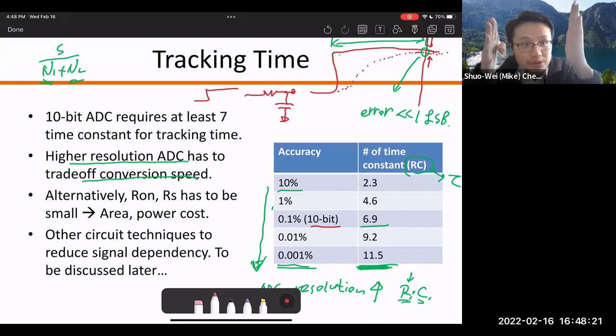So you can use this to back calculate. Let's say I need 7 tau, 7 times the RC, and now you know the C, because from kT over C you find out what the C is. So you can back calculate what your R is. Does that make sense? So you can calculate R on.